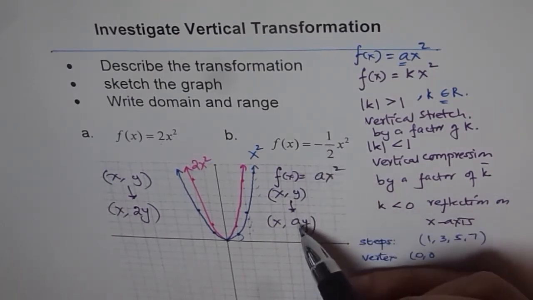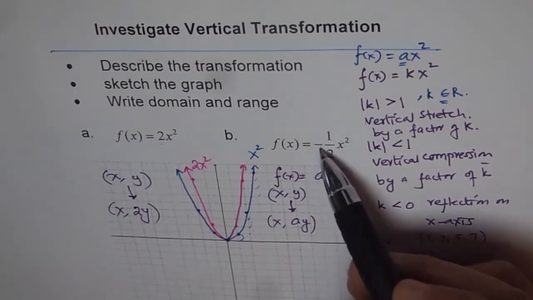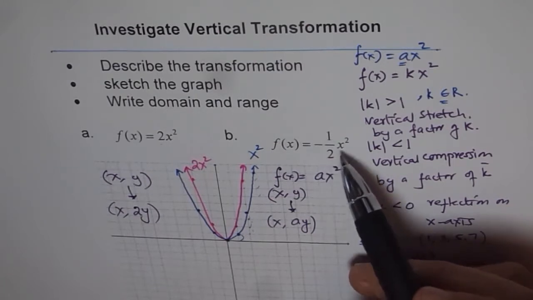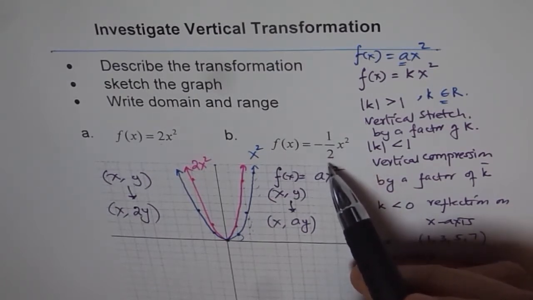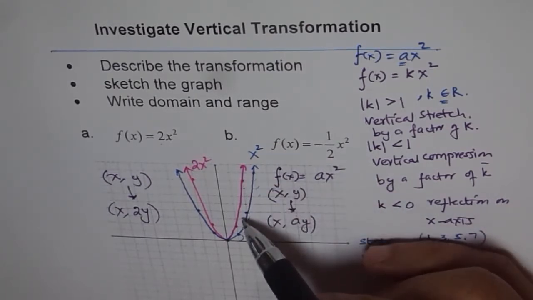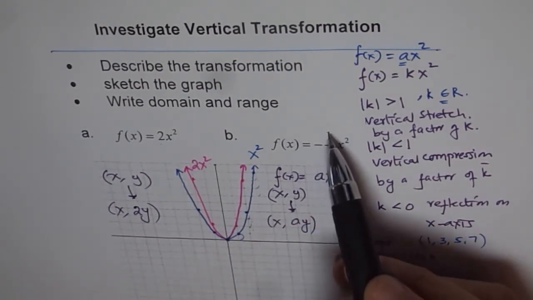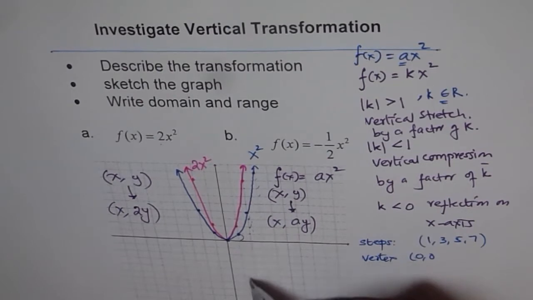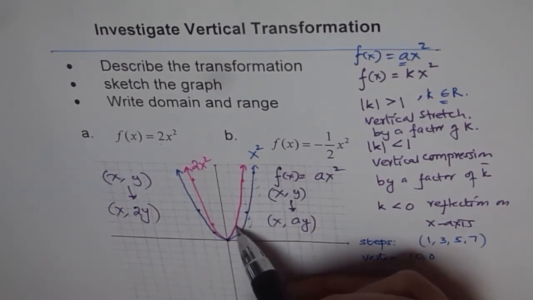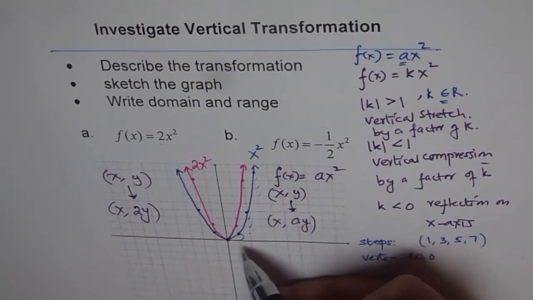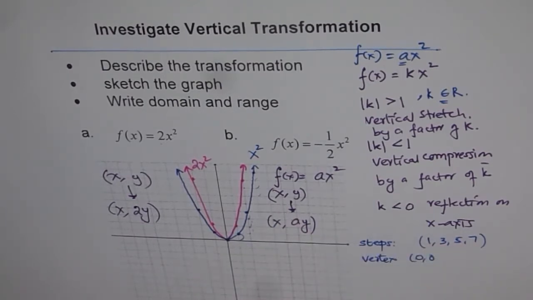Do you understand? It takes care of both things, reflection and compression by a factor of half. So I'd appreciate it if you do this exercise yourself and see how it looks, right? Reflection, it will get reflected on this side, and compression means squeeze it. I stretched it earlier, so it will be like half. So it will look flatter, right? So draw that graph and see for yourself how it looks, and get a feel of it.